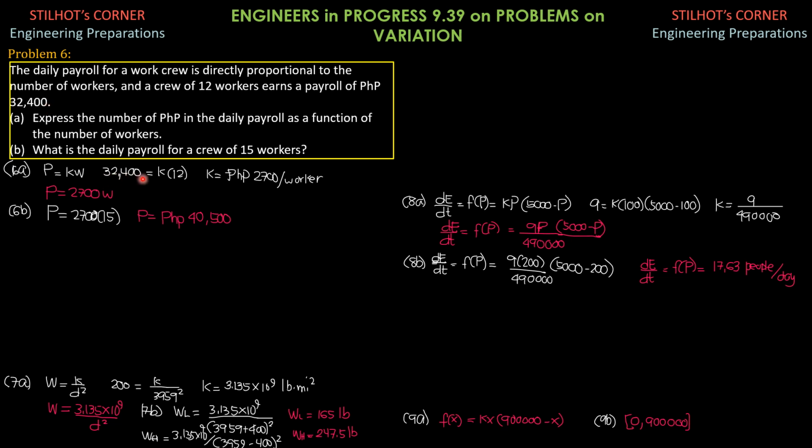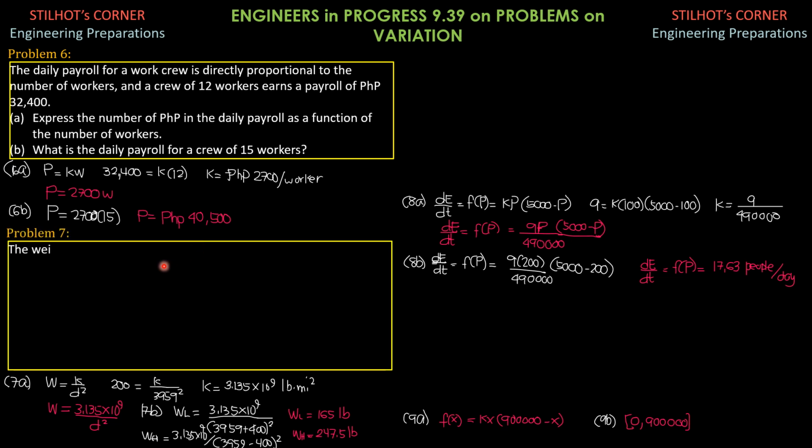So 32,400 equals K times 12. So K is 2,700 pesos per worker. Therefore, the formula is 2,700 W. So for part B, what is the daily payroll for a crew of 15 workers? So 2,700 times 15. So it is 40,500 pesos.